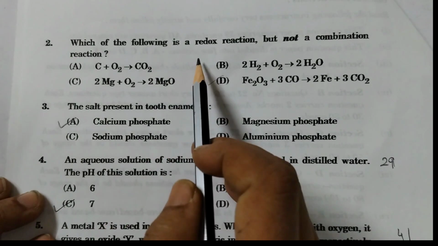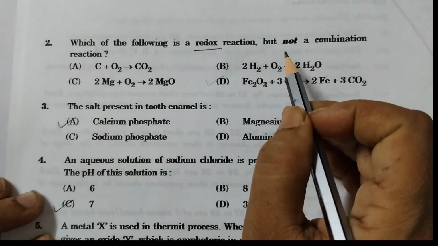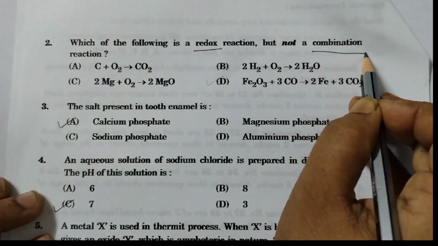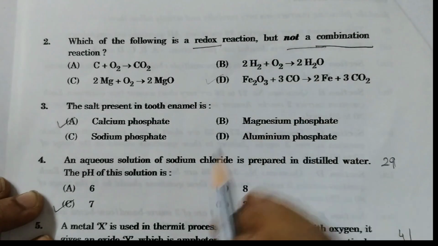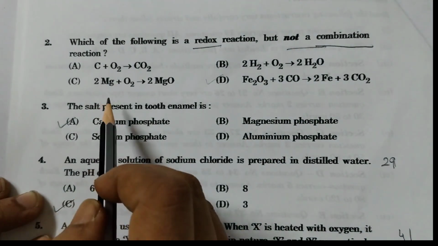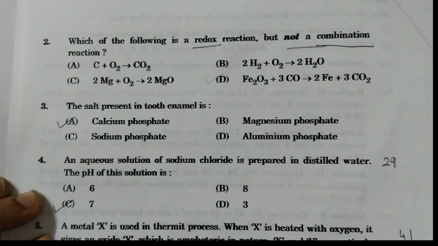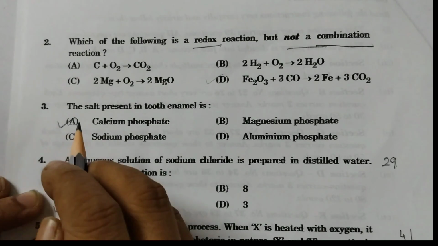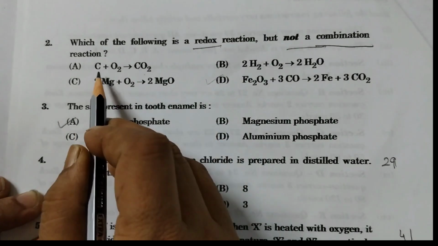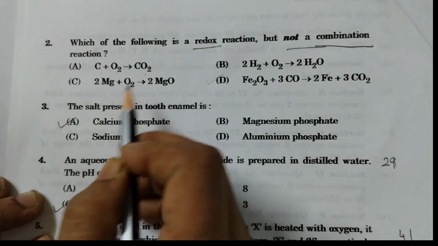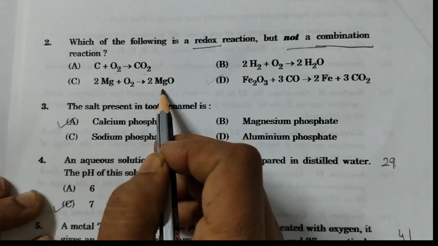Question number 2. Which of the following is a redox reaction but not a combination reaction? It should not be a combination reaction. Now see here, for the combination reaction there should be only one single product. A new product is formed, so just one single product. Here we see C plus O2, single product. 2Mg plus O2, single product.